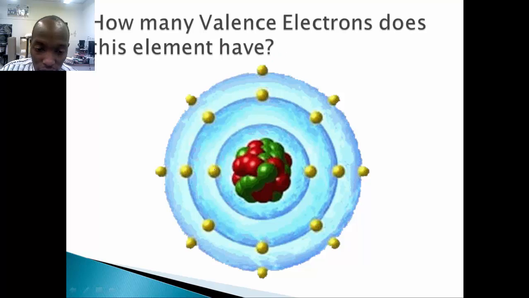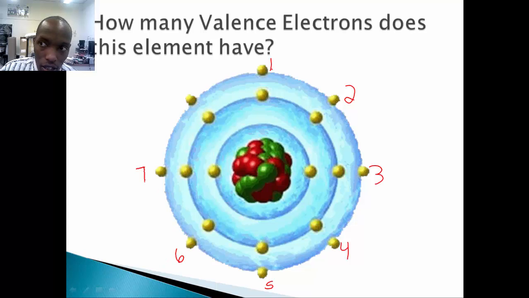Remember, the inner electrons won't change in the chemical bond because they're already complete and finished with their orbit. Valence electrons are determined by the electrons on the last level, so chemical bonds are determined by the electrons on the last level. So we have 1, 2, 3, 4, 5, 6, 7, 8.